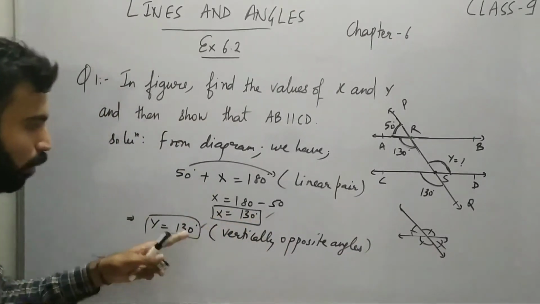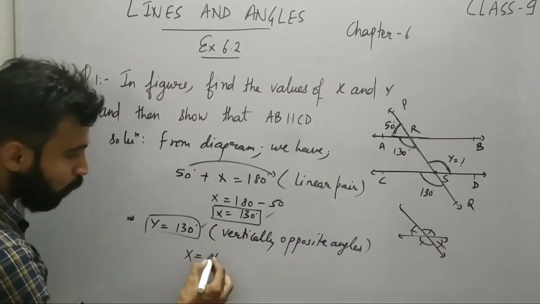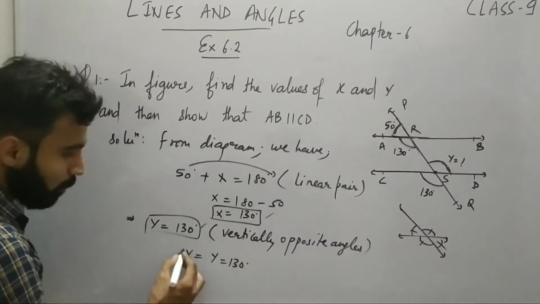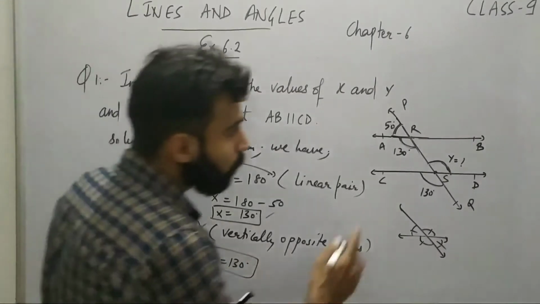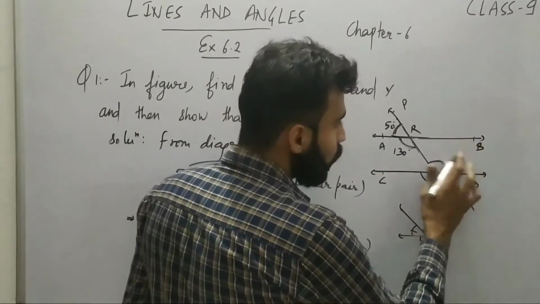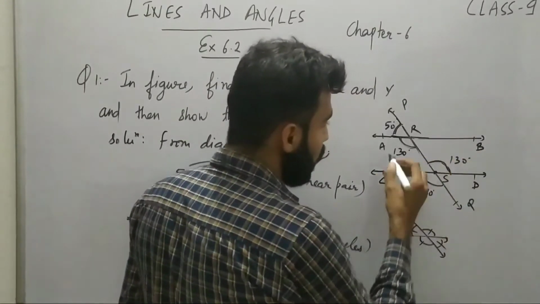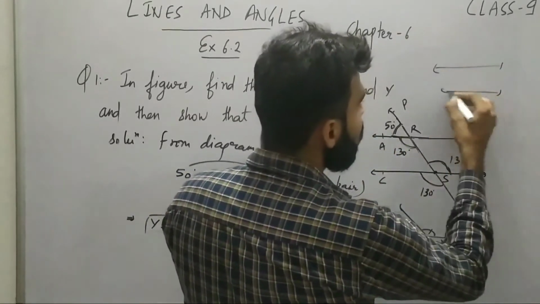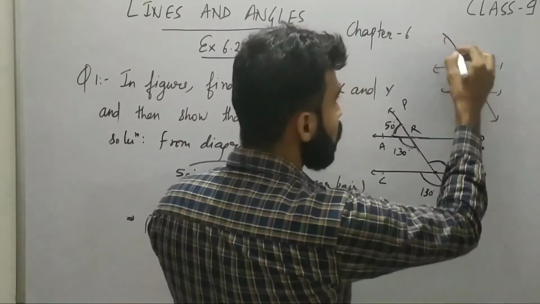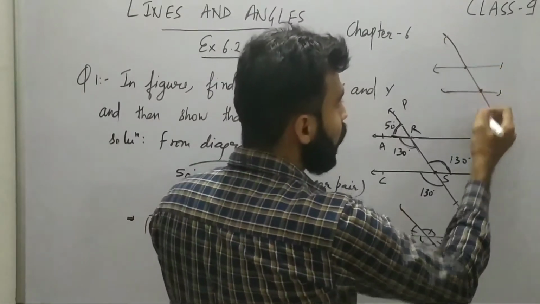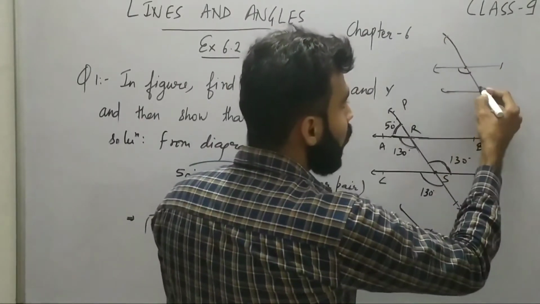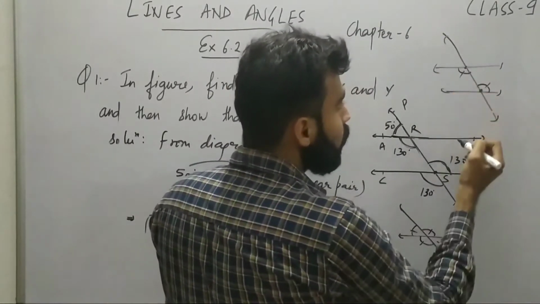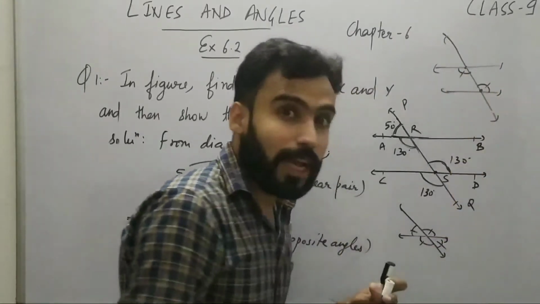Now we have found out both the angles x and y. Now the thing you will notice here, both x and y are equal to each other, right? So you can see here, this is also 130 and this is also 130. So you remember, whenever there is a line and also a transversal intersecting at 2 points, now these two angles, if they are equal, that means these are alternate angles, right?